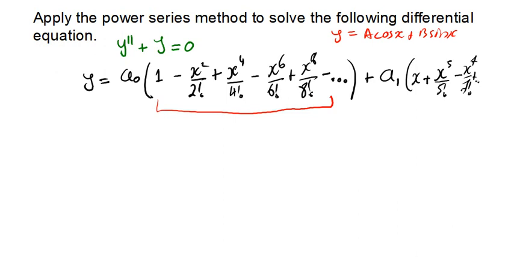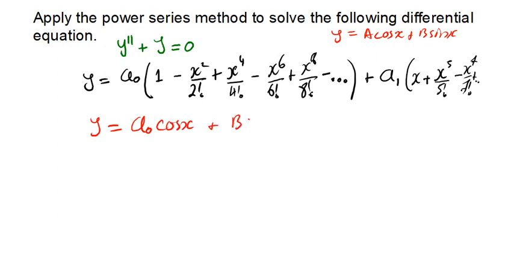Then for sine, it's this one here that is in the brackets. So you can just simplify this by saying y will be equal to a initial cos x, plus, in fact not b but a sub 1 as our coefficient. So that's going to be a sub 1 sine x, like that.